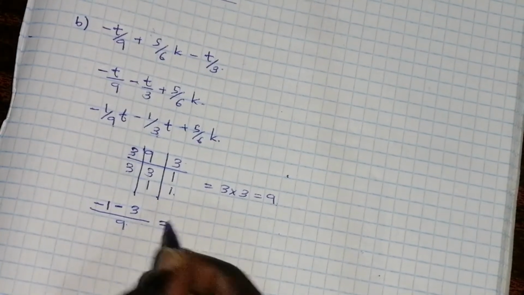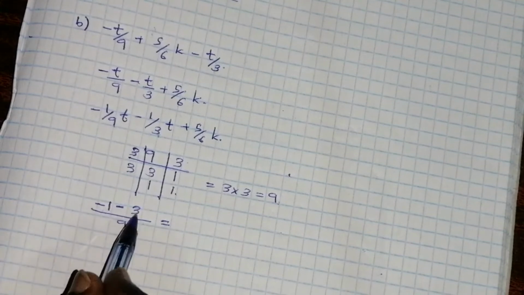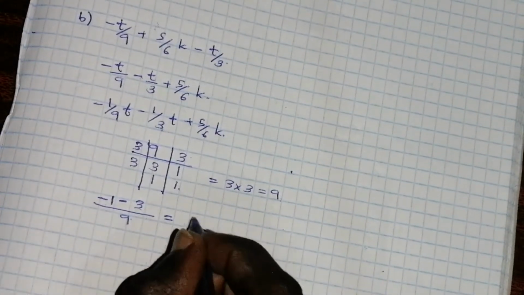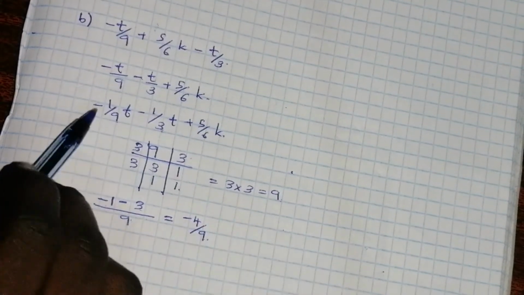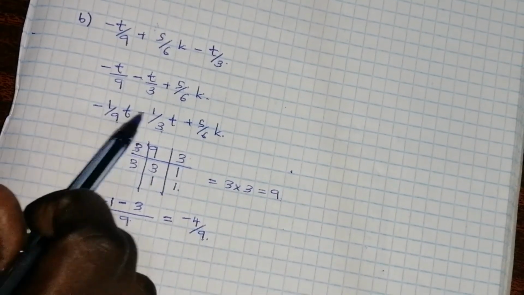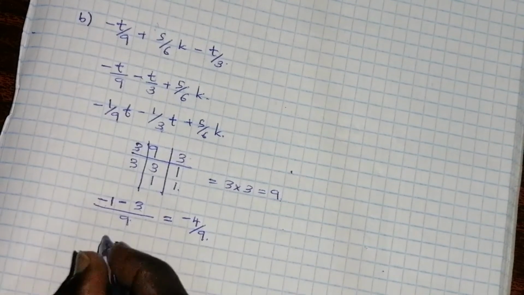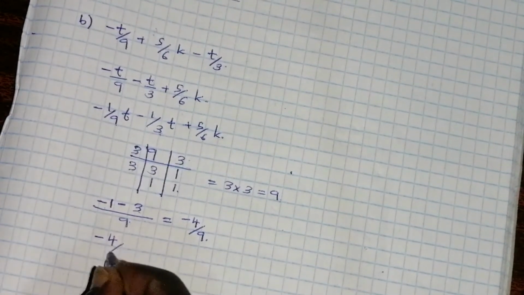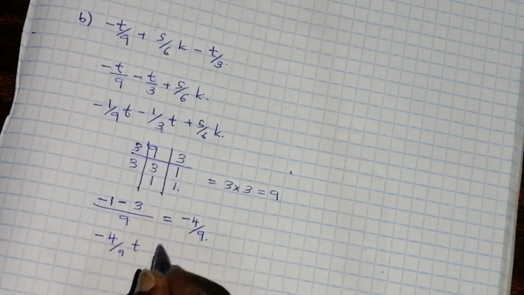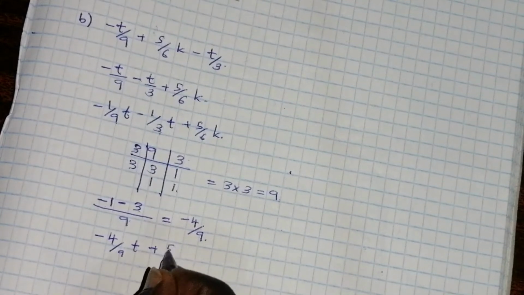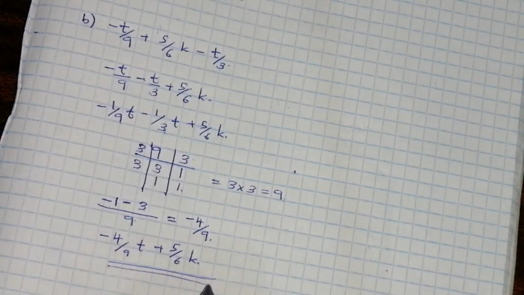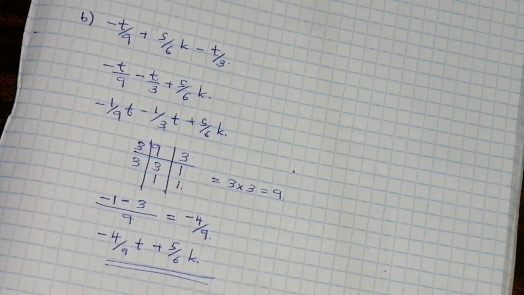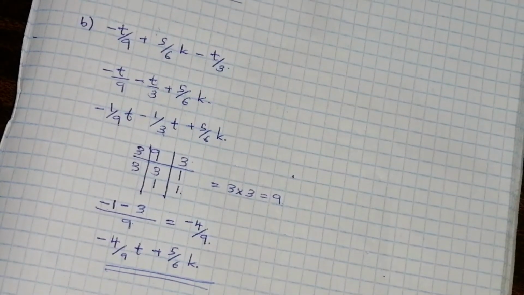So when I subtract this one, I'll have negative 1 minus 3 gives me negative 4 all over 9. So negative 1 all over 9t minus 1 all over 3t will give me negative 4 all over 9t. Then I add 5 all over 6k. So this is how simply we handle question 8b.